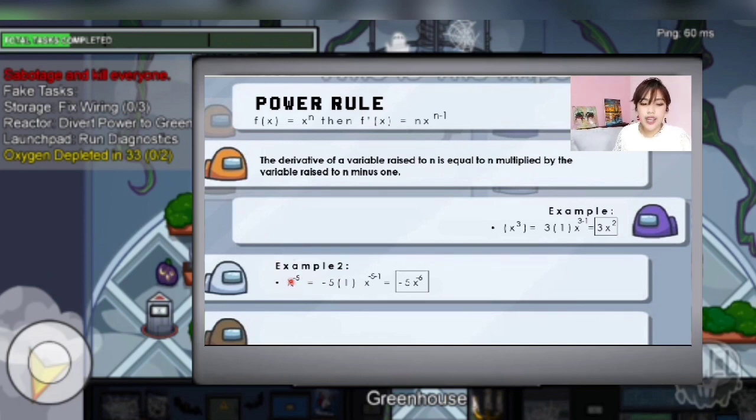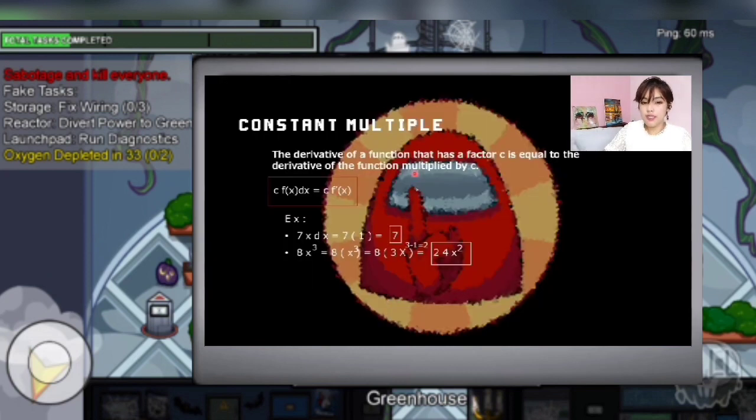Now our second example is x raised to negative 5. Negative 5 multiplied to the variable x, which is 1, is negative 5. After multiplying it, subtract 1 from the exponent. So negative 5 minus 1 is negative 6. Our final answer should be negative 5x raised to negative 6.